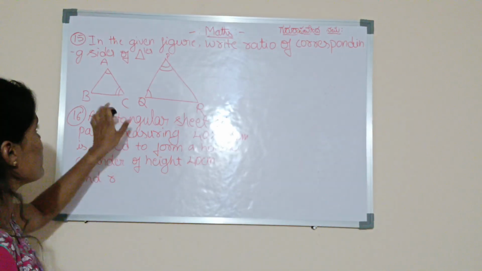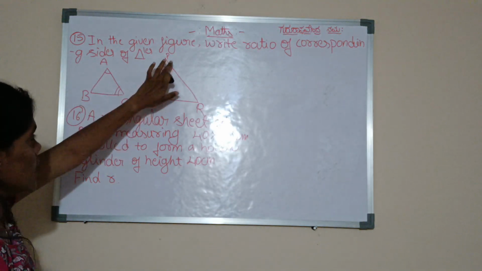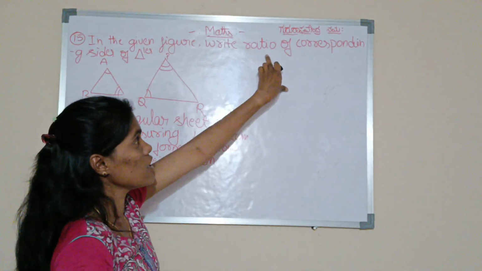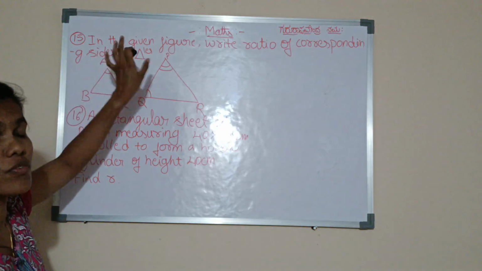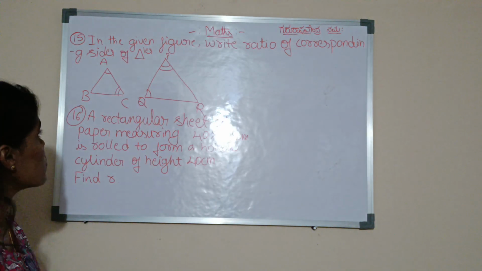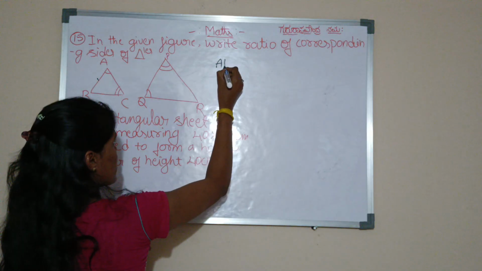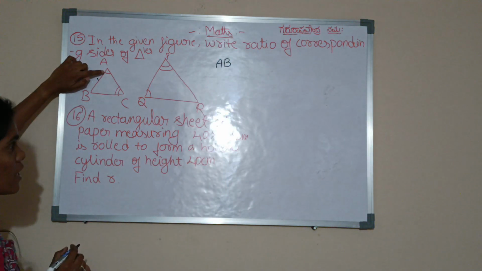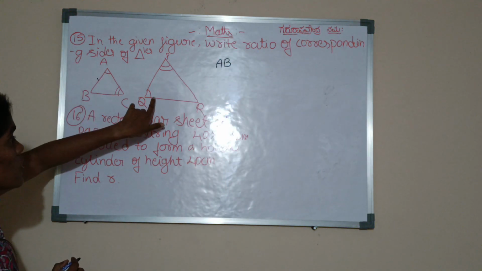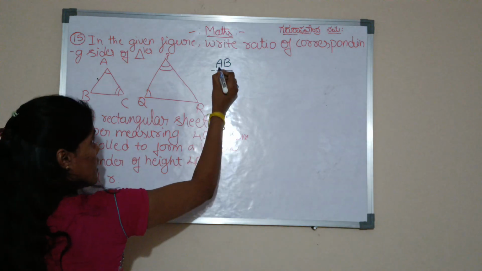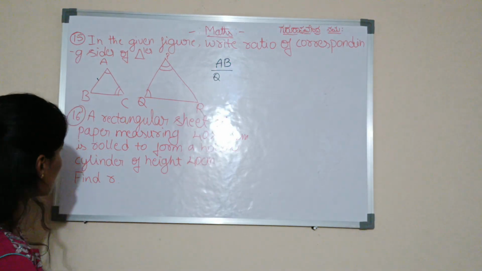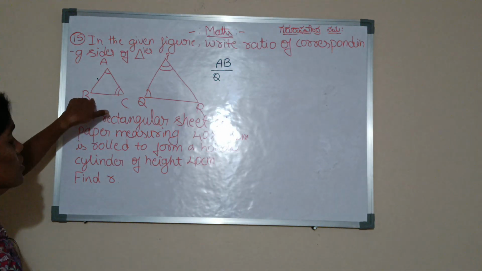Figure. Here they given 2 triangles, that is ABC and PQR. We have to write the ratios of corresponding sides of the triangles. First take AB. Here A is one angle they show. That angle A is equal to angle Q. So in the place of A you have to write Q. B, B is not shown anything.